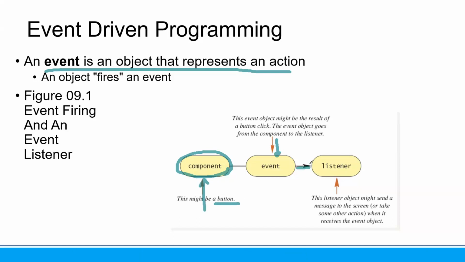And there will be another part, which is the listener. The listener means something that you want to show or execute. Let's say you want to show something on the screen, or you want to get another action. So we call this an event firing and an event listener. Based on the component, there will be an event and there will be a listener.